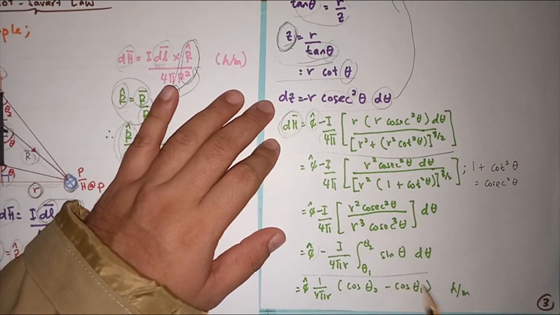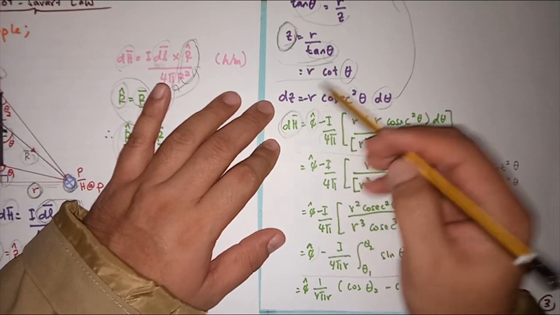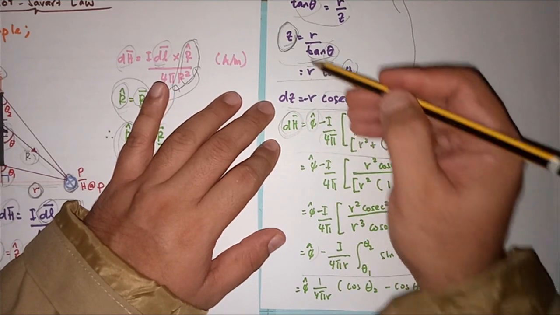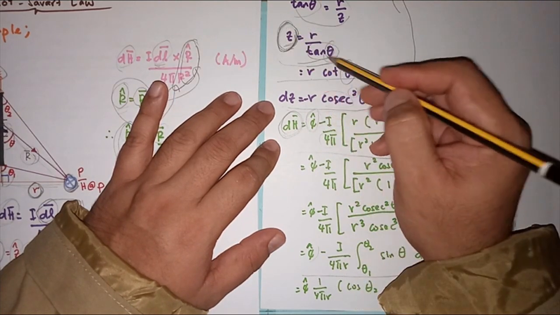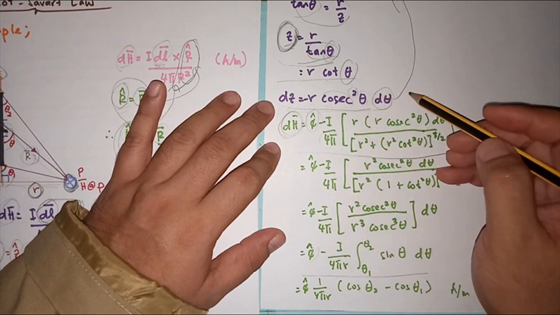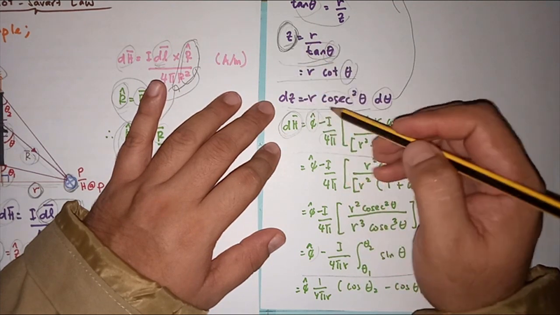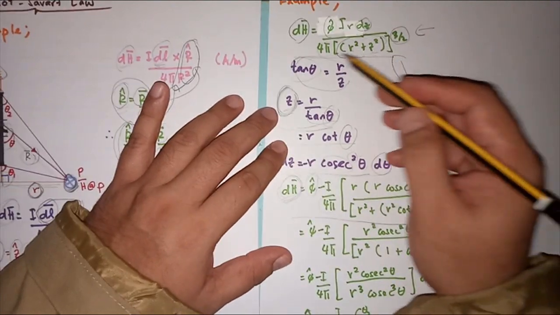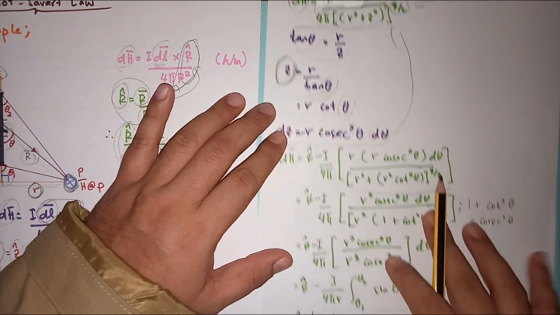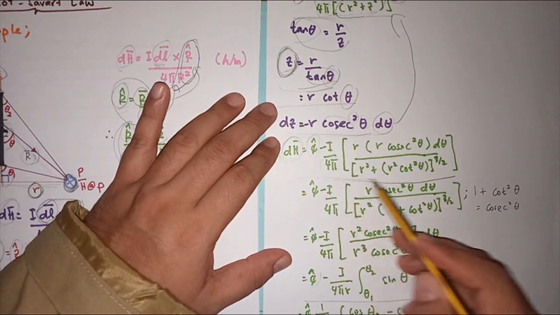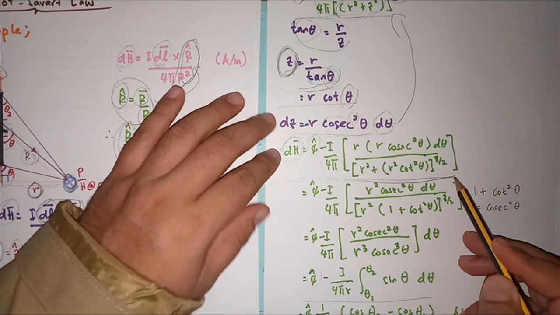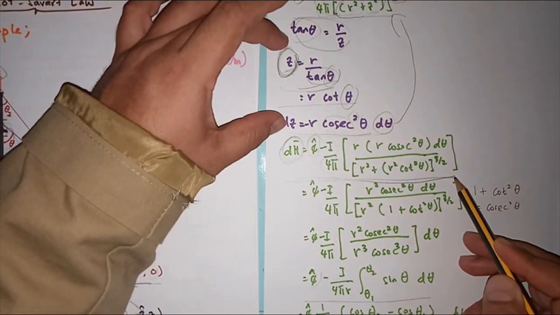Based on the expression that we derived just now, in order to express our z component in terms of theta, we can replace it into our original expression. This is the expression that results from this step.